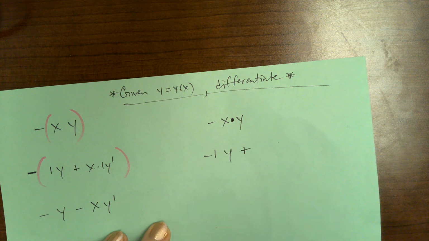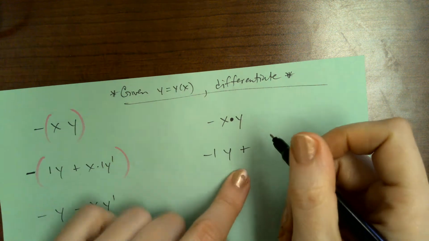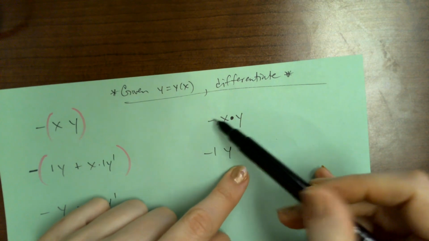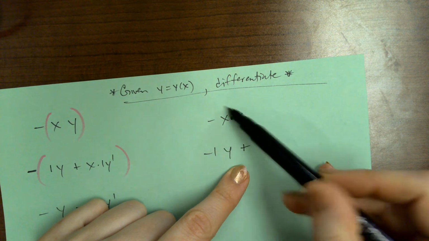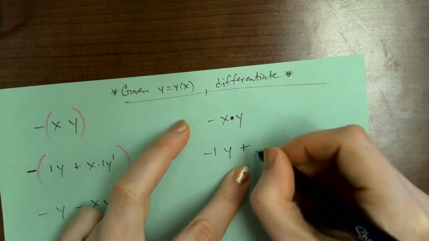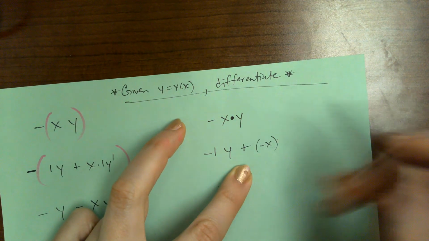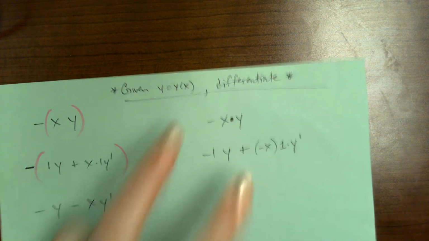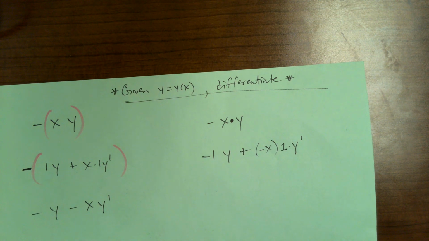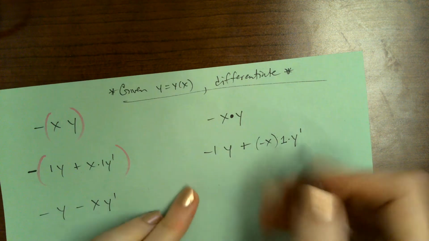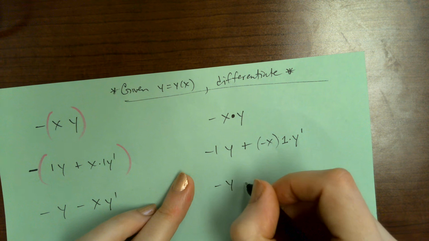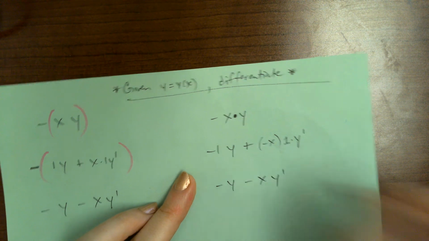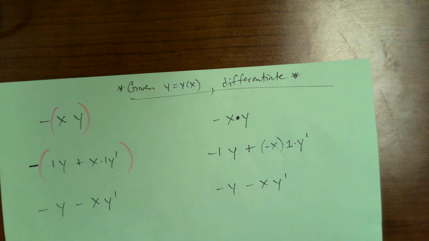I think actually I want to think of it the other way when I do these examples. Plus I'm just bringing down the negative x. The derivative of y is 1, but then I've got to tack on a y prime. And then this ends up being negative y minus xy prime.